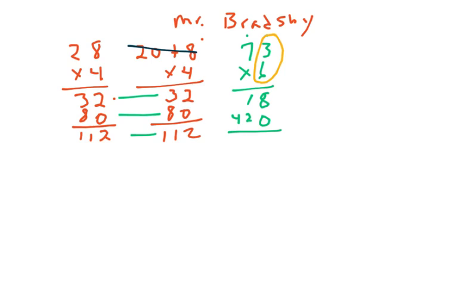And then add it up. 8, 3, 483. Okay? So this is a method where you just try to remember that you're multiplying times ones, and that gives you 18. And then you're going to multiply by tens, so it's going to be 6 times 7 is 42 tens. So it's got to have that 0. And then add them up, and you got the answer.